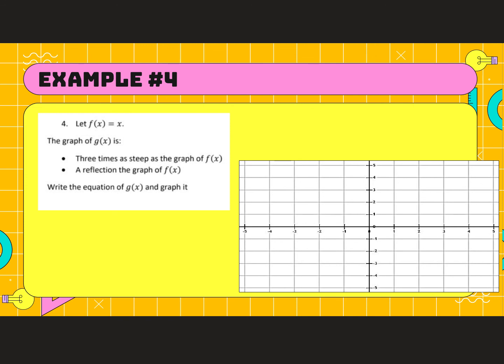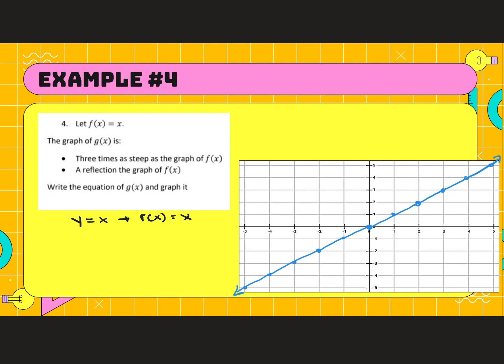All right. So let's start with your parent function, y equals x. Let's graph that. So we have up 1 over 1. All right, so again, as a reminder, f of x equals x is the same.